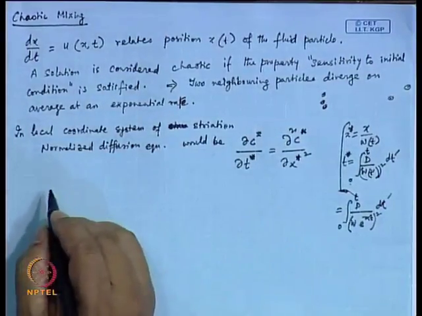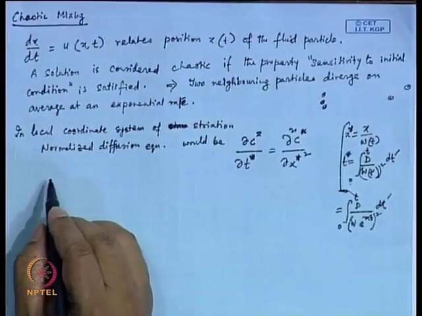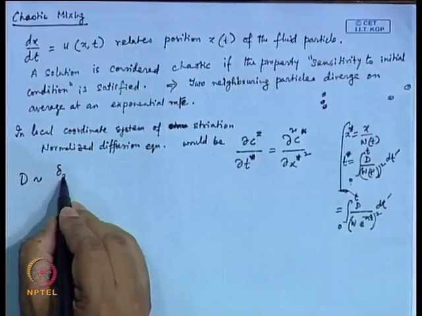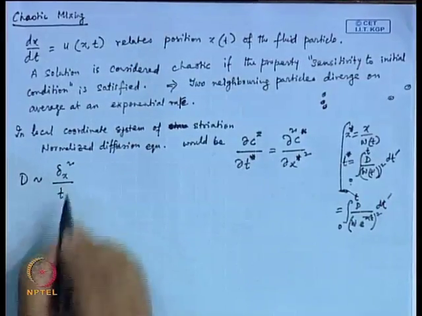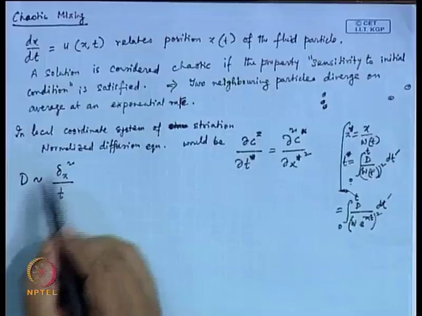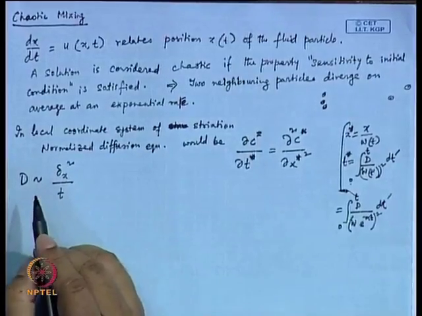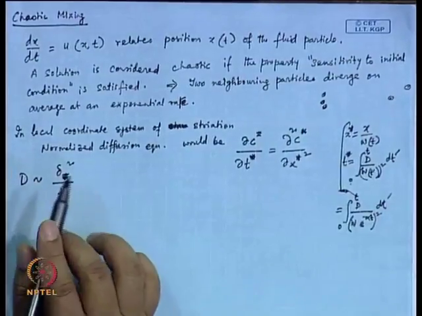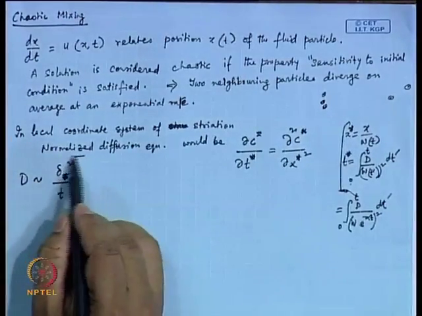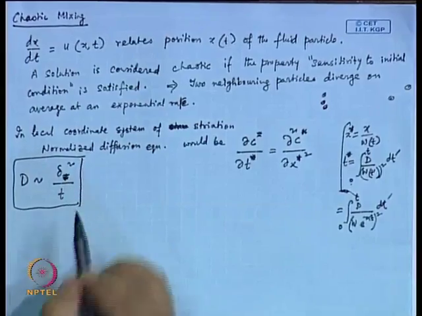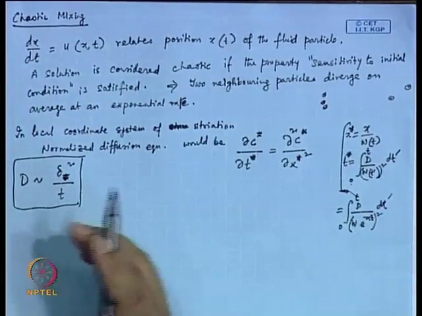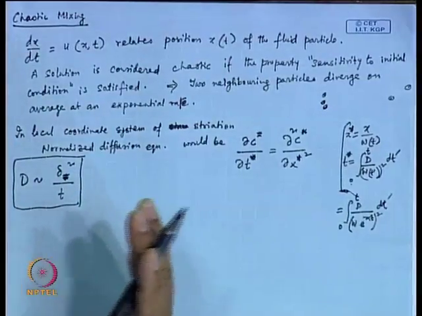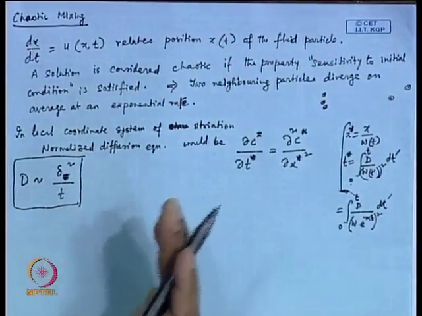Now, if you come to the actual mixer coordinates, you know that diffusivity scales as delta x square divided by t, where delta is the penetration. Well, let us drop this x, let us call this just delta square by t. This is how diffusivity scales. That means the definition of diffusivity is how much the solute would penetrate, the square of that divided by time.